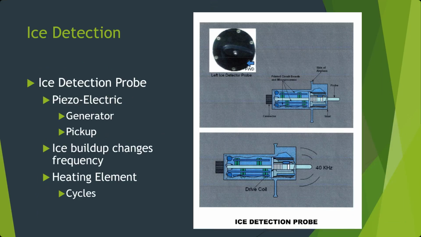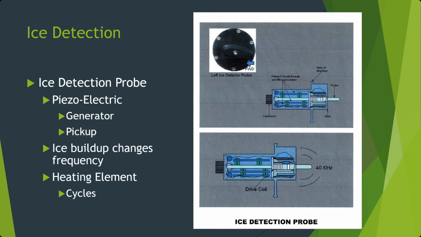In any of these cases, the crew needs to be able to know if icing is a concern, and so we use ice detection probes to do this. Here's an image of an ice detector and a schematic of what's going on. Ice detector probes are piezoelectric devices that are used to sense ice buildup through changes in frequency.